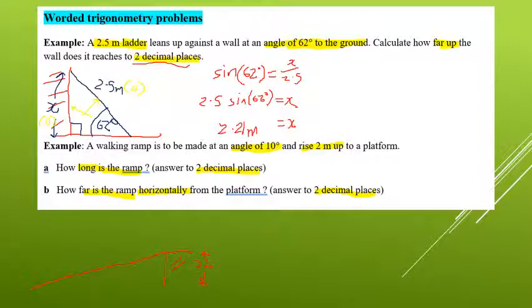Alright, and this length here, horizontal, makes my right angle triangle. Okay, we're told that it rises 10 degrees. So that 10 degrees is how the ramp rises. We're asked how long the ramp is. So let's call this X. And the second part says how long is it horizontally. That's that length across the bottom here. So that's Y going to be here.